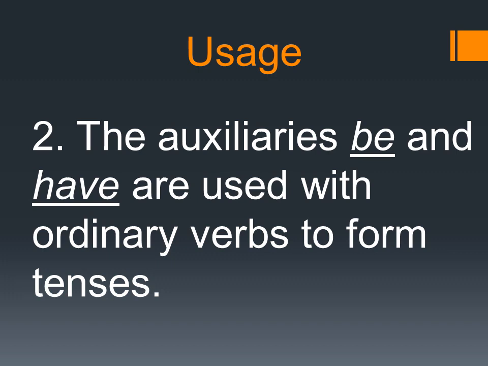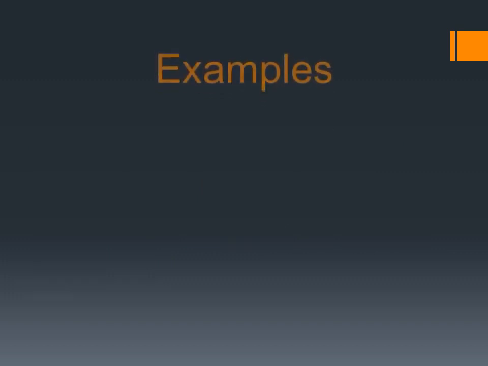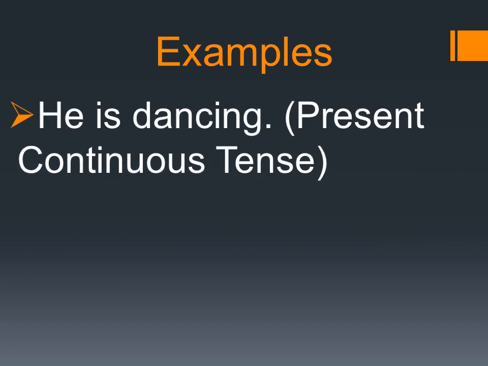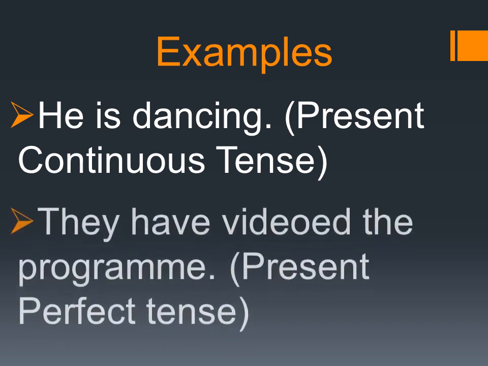For example, he is dancing. This is present continuous tense as we know, and dancing is our main verb, or we can say ordinary verb. The form of be here is is. So is has been used with the ordinary verb dancing.